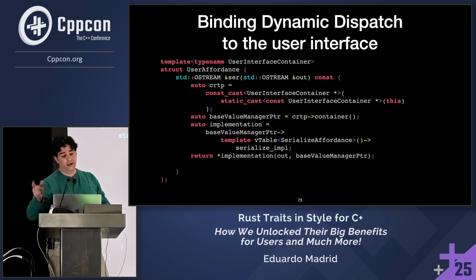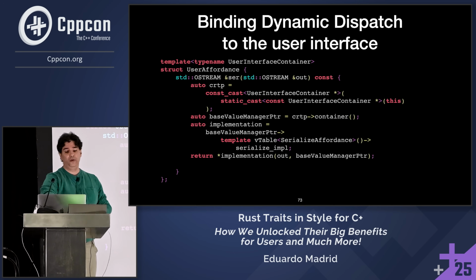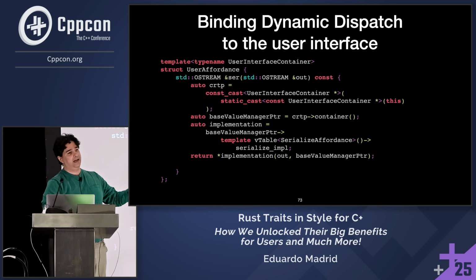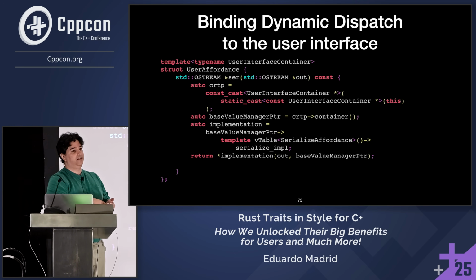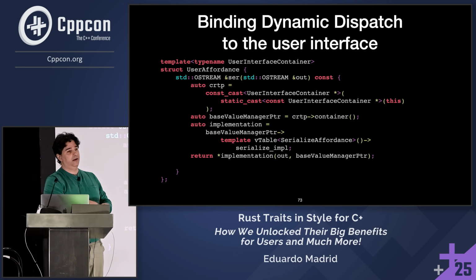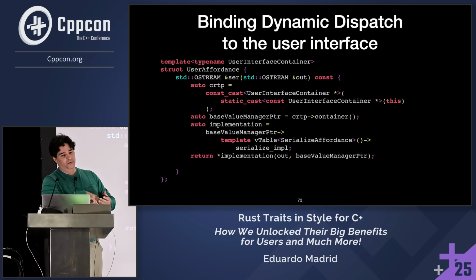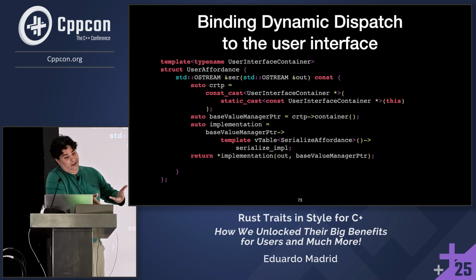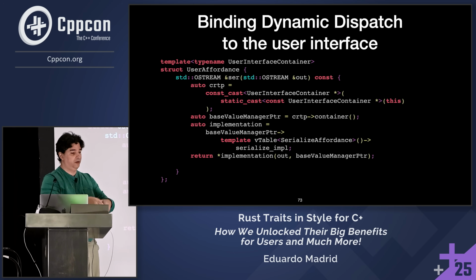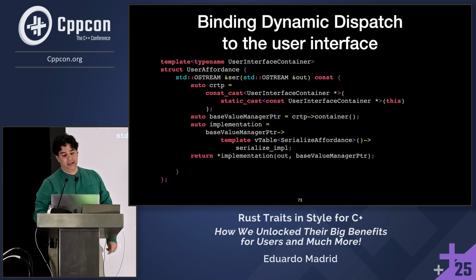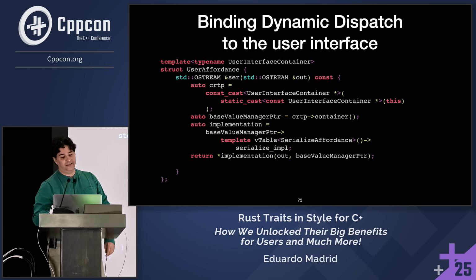Yes, it is downcasting, because user affordance becomes a base class of the whole container. You can downcast to that container, and that container, unfortunately, I chose the name of container to refer to the value manager, but that's what container means. And so value manager, and the value manager allows you to have access to the virtual table.